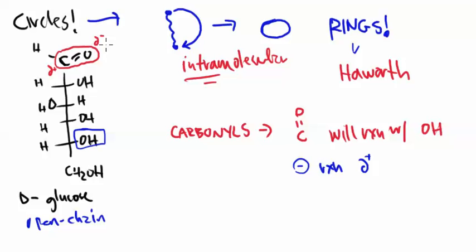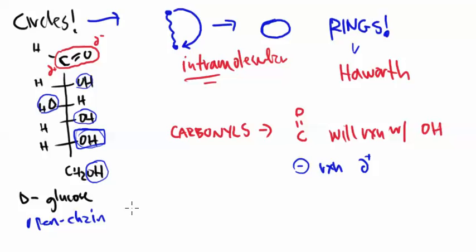But this oxygen has some free pairs, so that's a negative charge. This oxygen has some free pairs, that's a negative charge. And this oxygen has some pairs, that's a negative charge, and this oxygen's got some pairs, that's a negative charge as well. So we've got negative charges scattered throughout the entire molecule.